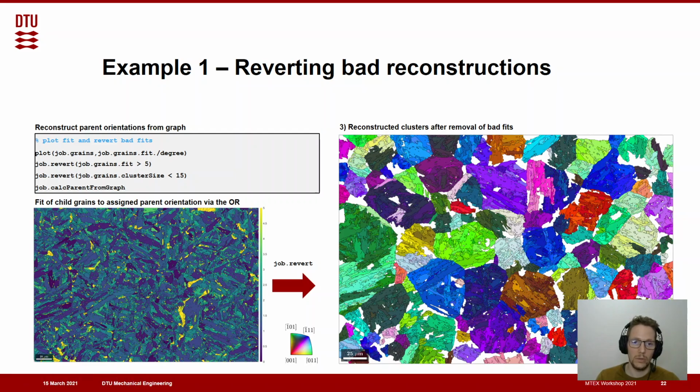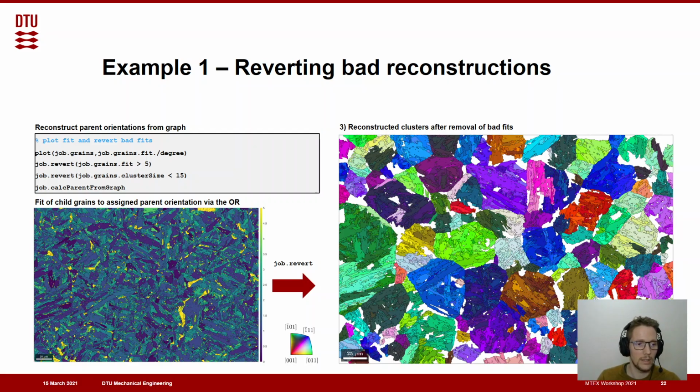When we reconstruct the grains, we can calculate a fit between how well a local, let's say, martensite grain transformed with the orientation relationship to the austenite grain fits with the overall orientation of the cluster.